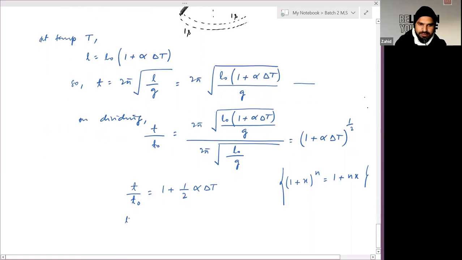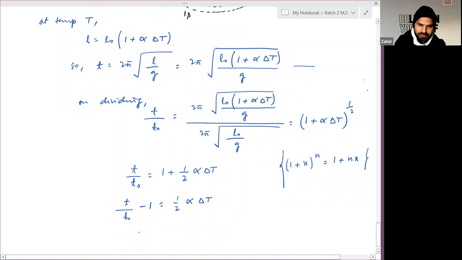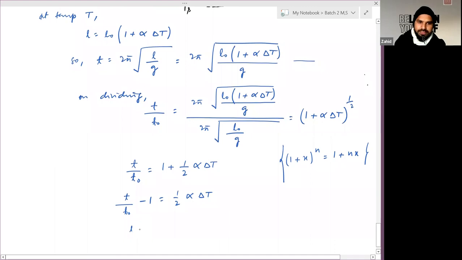So you'll get T divided by T naught minus 1 equals half alpha delta T. Now take LCM of this particular part. So you'll get (T minus T naught) divided by T naught equals half alpha delta T.